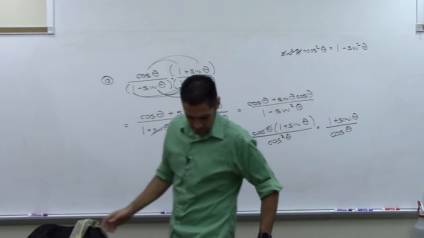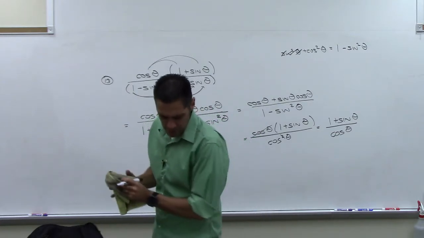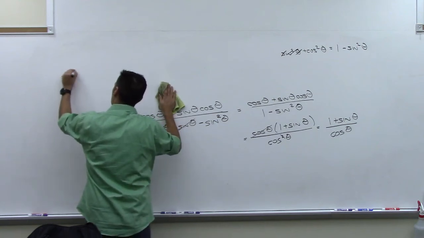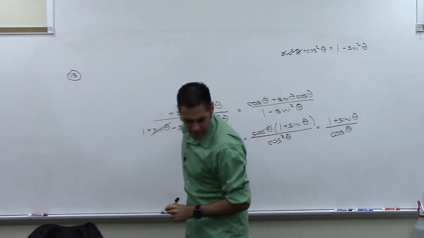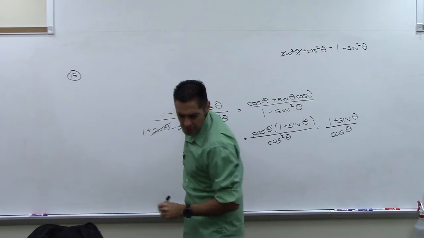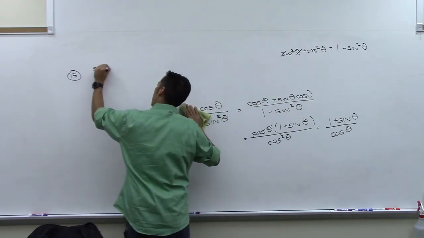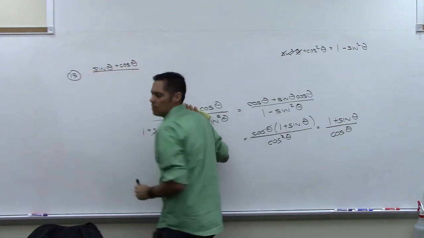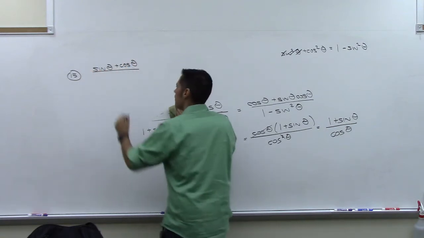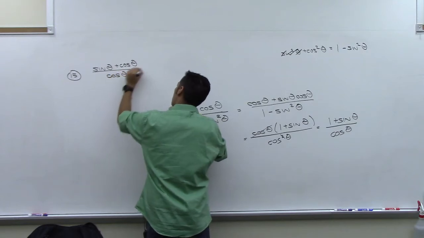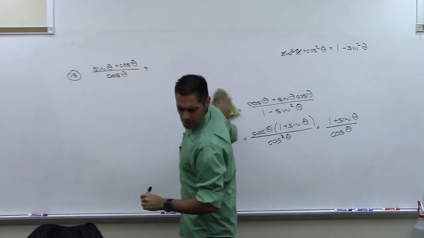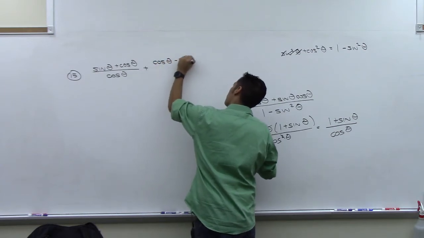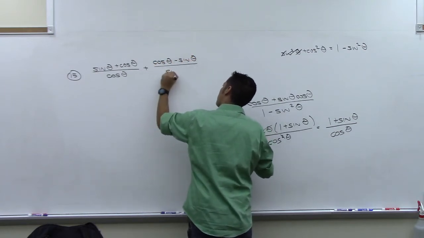All right, next one. They want us to take this expression, number 15, sine theta plus cosine theta over cosine theta, plus cosine theta minus sine theta over sine theta.